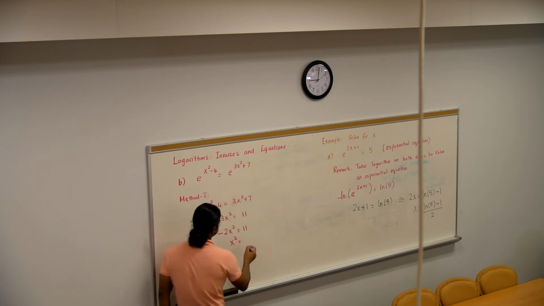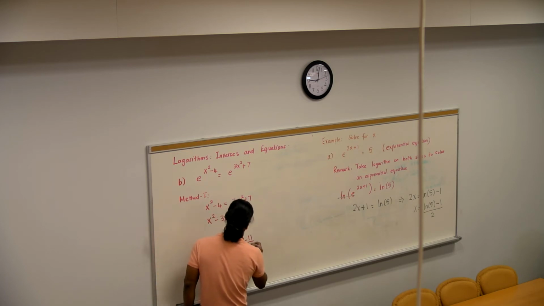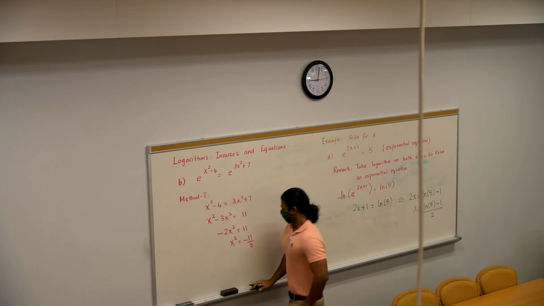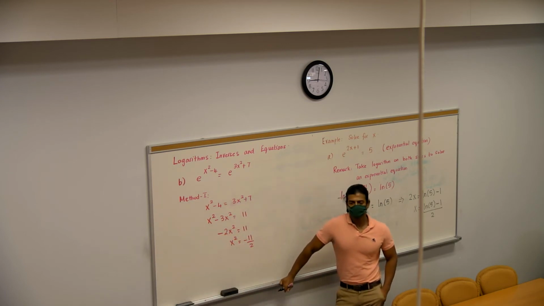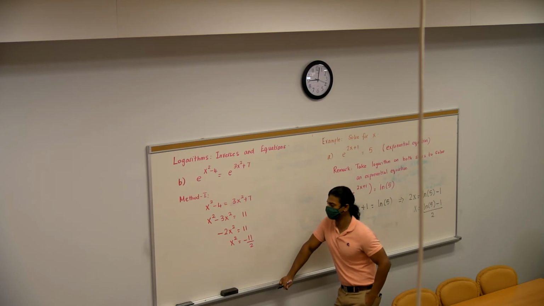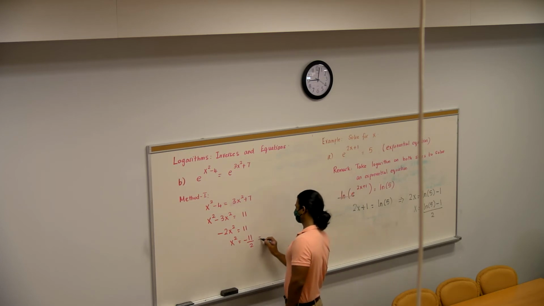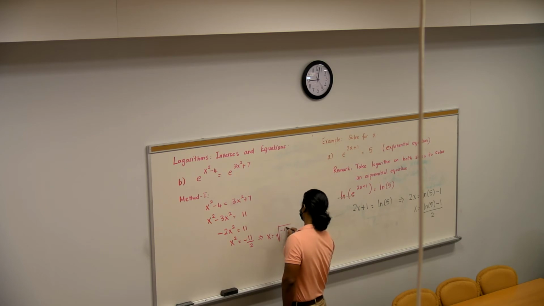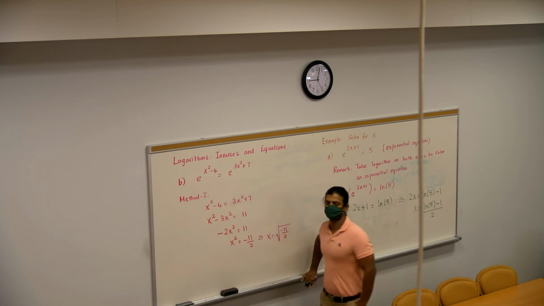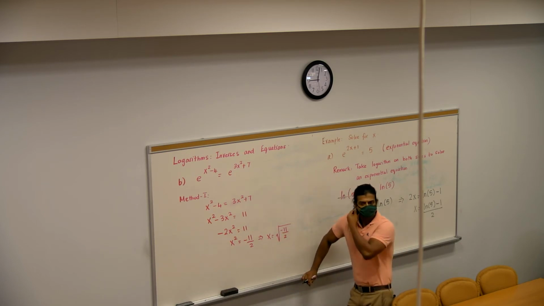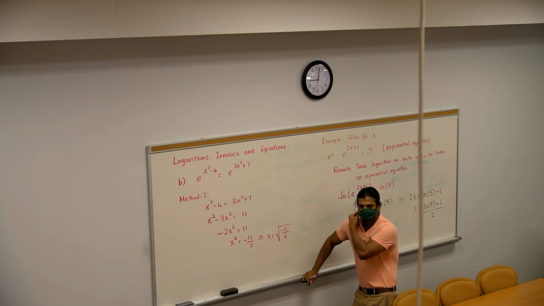Divide by negative 2. We have negative 11 over 2. What is the square root of negative 11 over 2? Algebra.